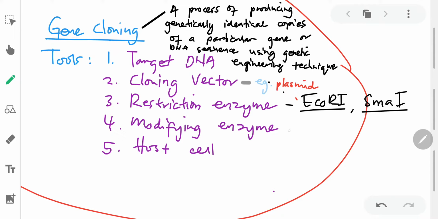Example of modifying enzyme is DNA ligase. And then tool number 5 is host cell. Host cell, usually we use bacteria.